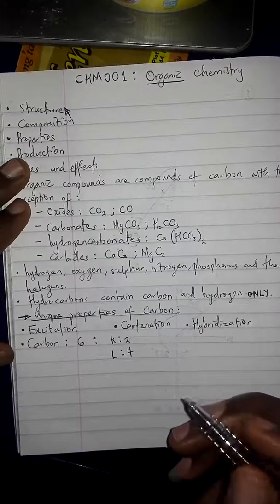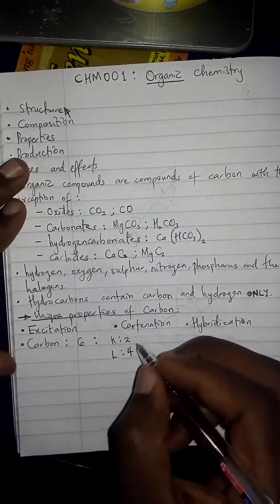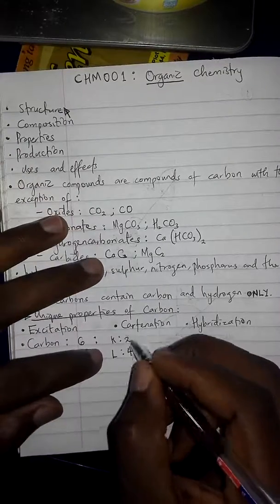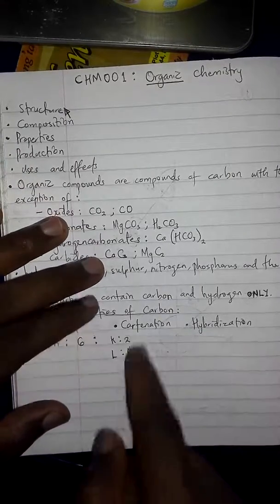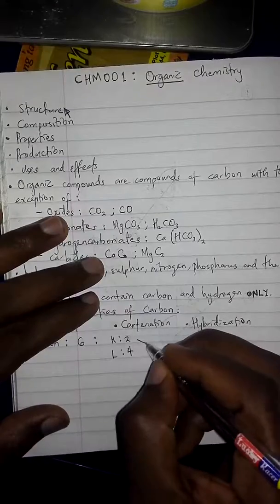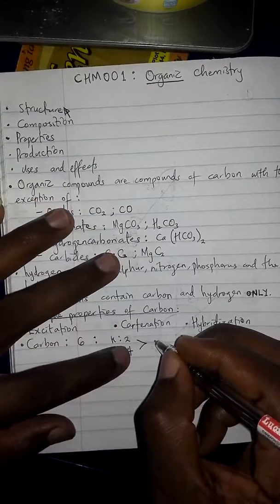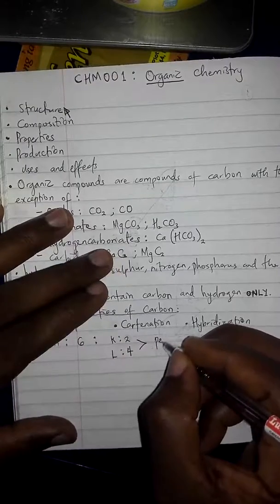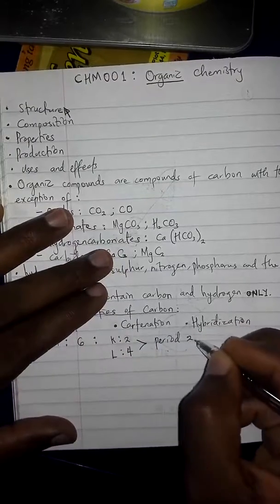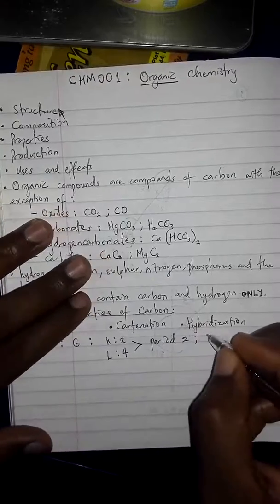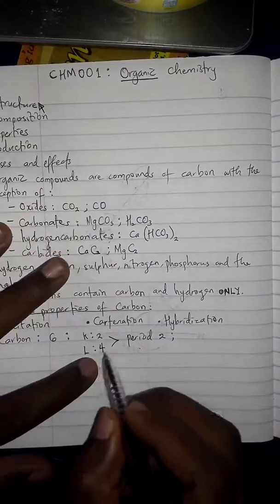Based on this, we can see its electrons are distributed in 2 shells, which corresponds to it being in period 2. So carbon is in period 2 of the periodic table, and it is also in group 4.